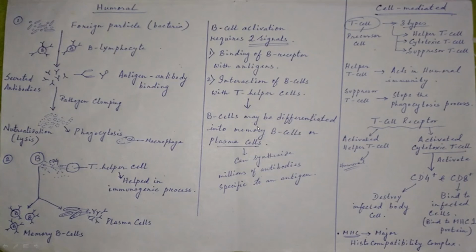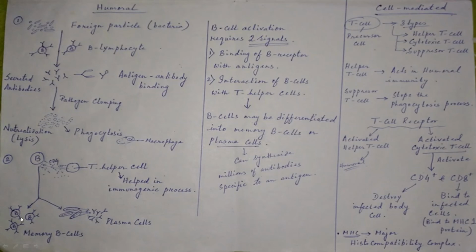Now B cells may differentiate into memory B cells or plasma cells. And these plasma cells can synthesize millions of antibodies specific to an antigen. So these B cells split up and help each other.